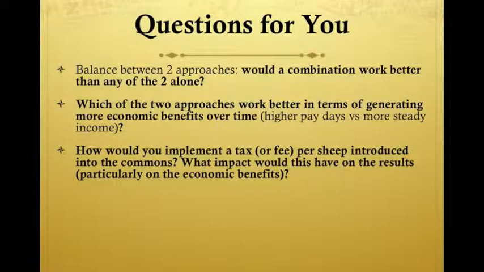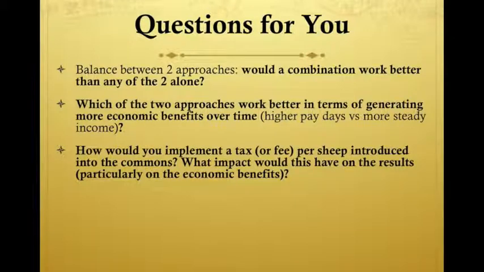Then we can start thinking about some interesting ideas. How would you implement a tax or a fee per sheep introduced into the commons? And what impact would this have on the results, particularly on the economic benefits? So imagine now that you charge villagers for introducing any given sheep into the commons, because they're going to be using grass, and you're going to charge them for the grass they consume.